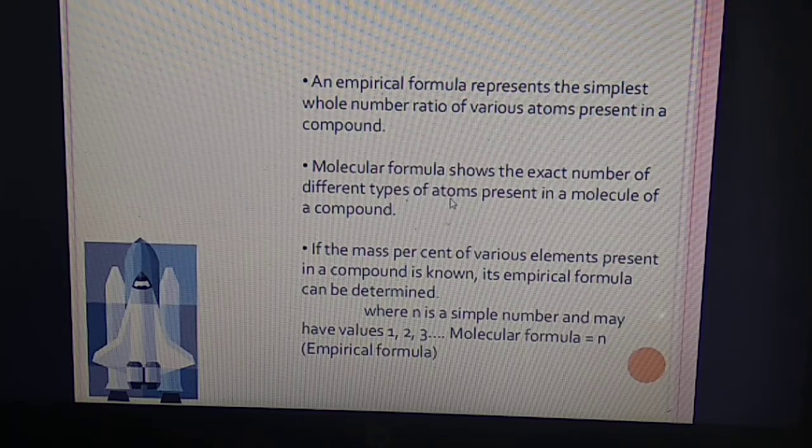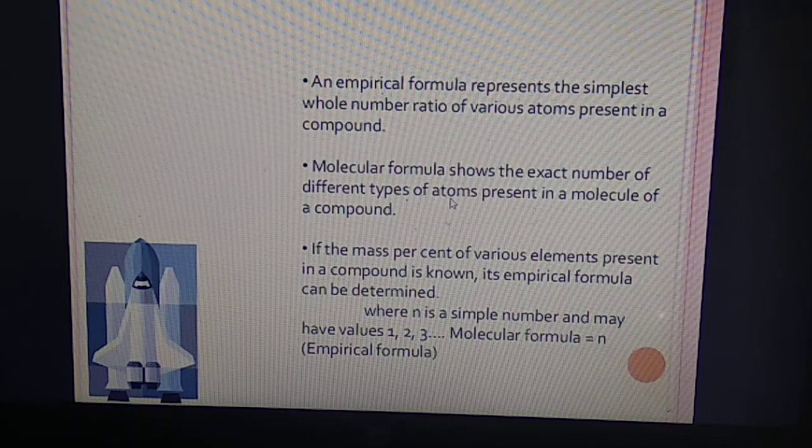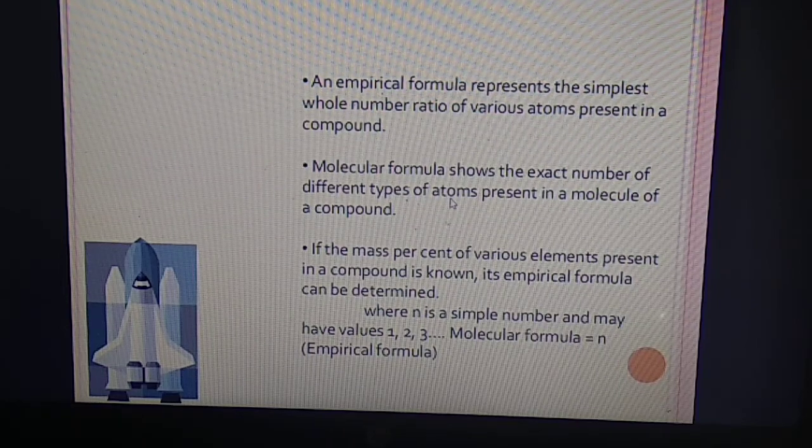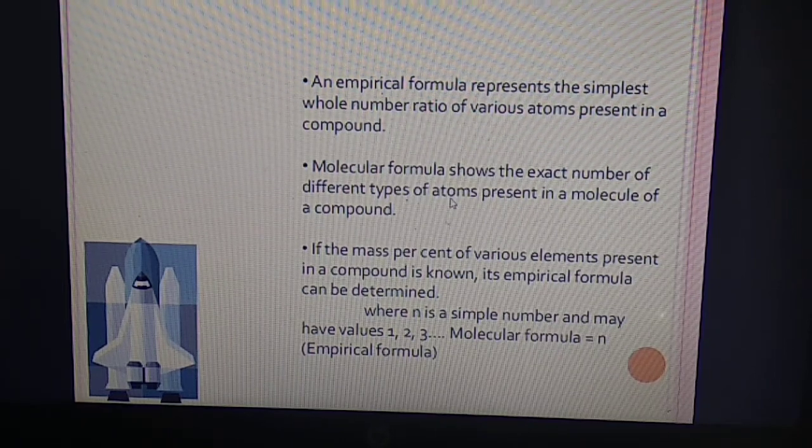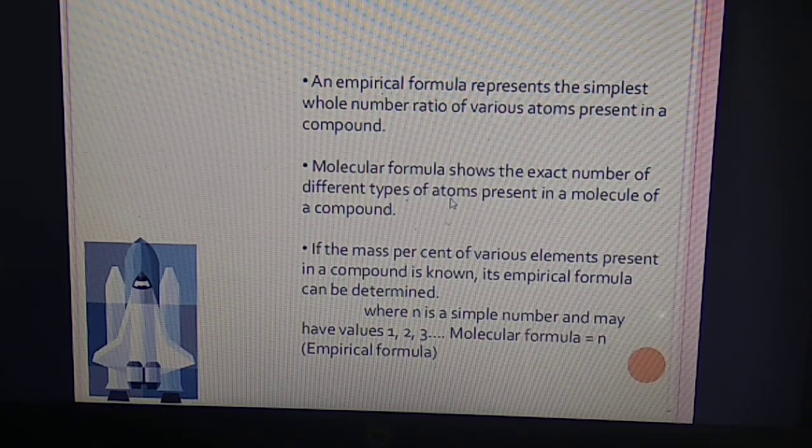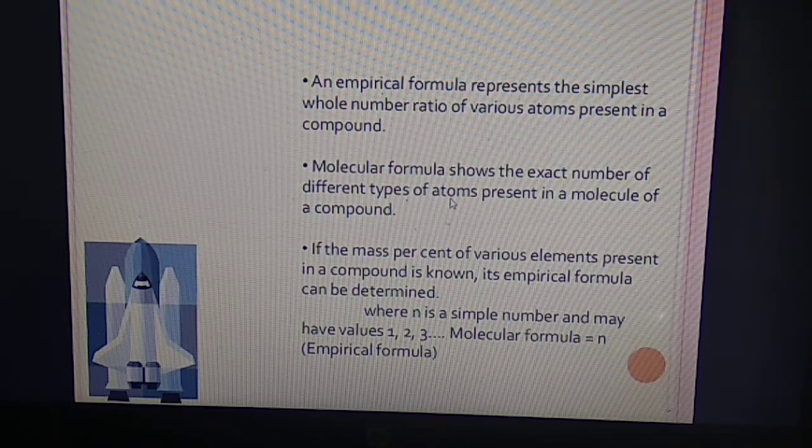But the ratio of atoms of hydrogen and oxygen in the two compounds is different. The empirical formula of hydrogen peroxide is HO. But the correct number of atoms of hydrogen and oxygen is not shown.